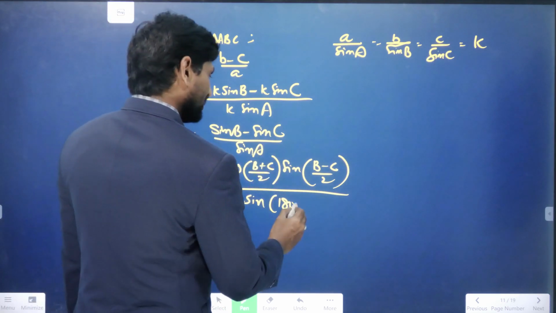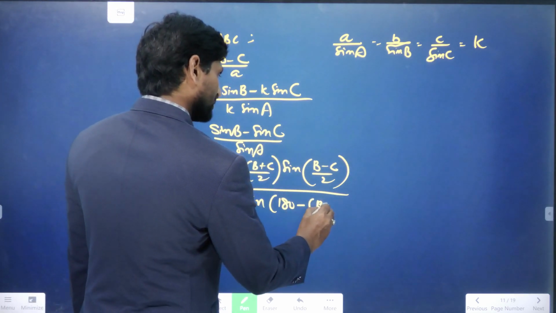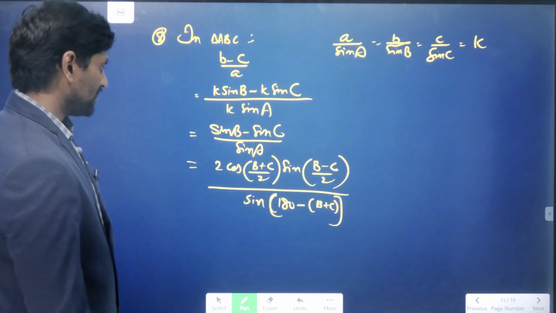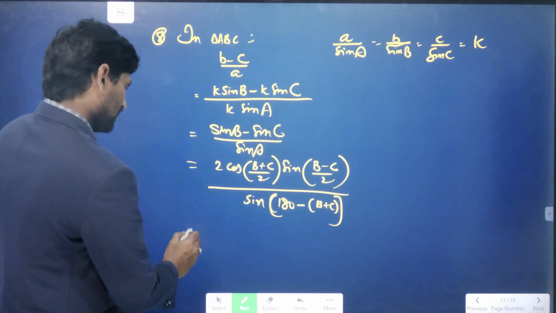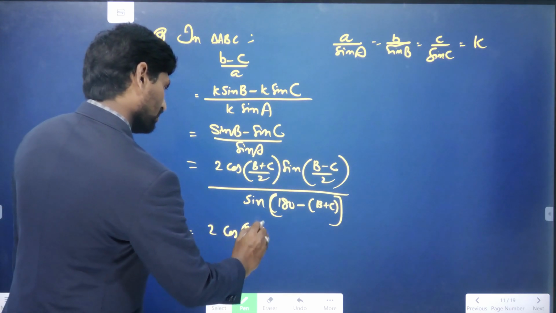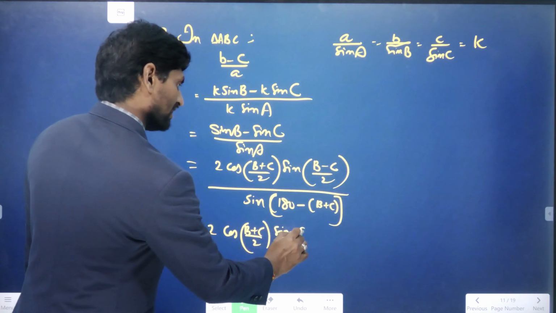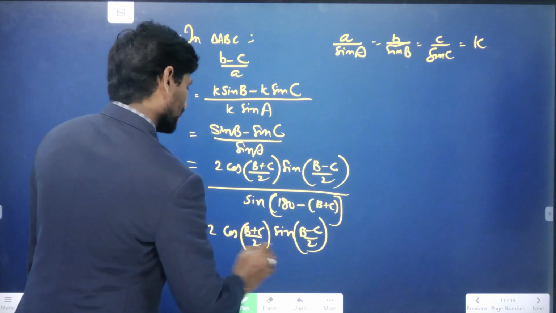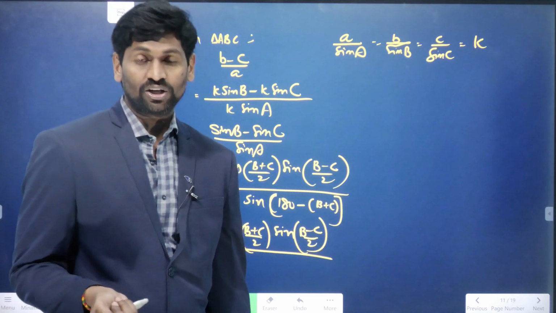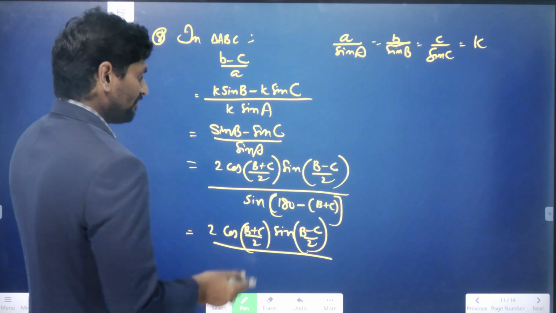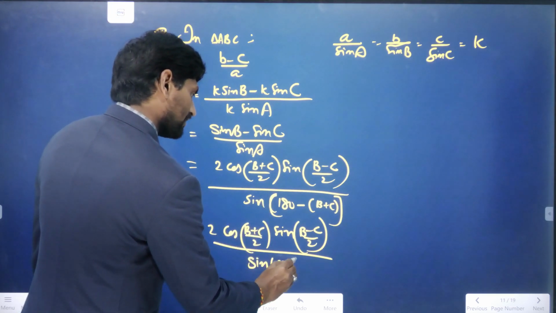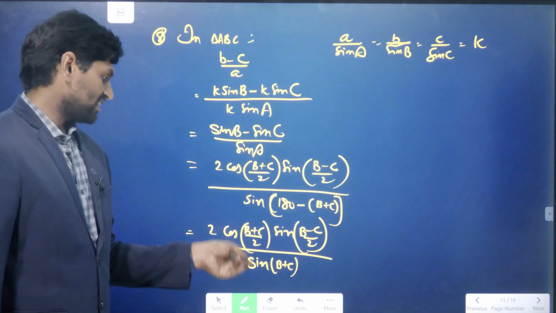From this, angle A we can write as 180 minus (B plus C). Sine of 180 minus (B plus C): in the second quadrant the sine ratio is positive, whenever it is 180, sine stays sine. So we can write sine A as sine (B plus C).